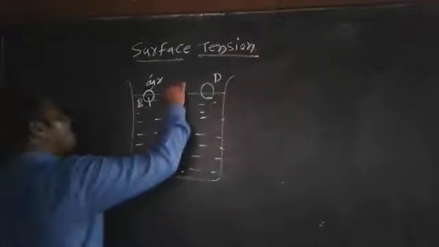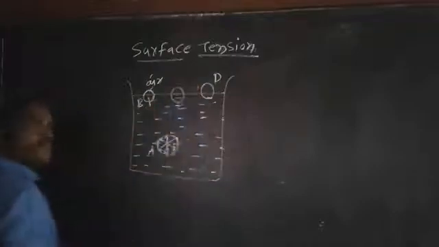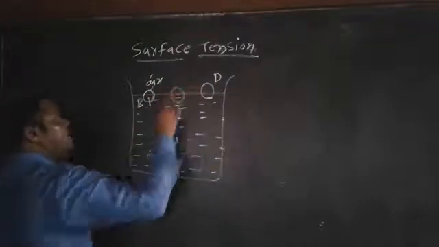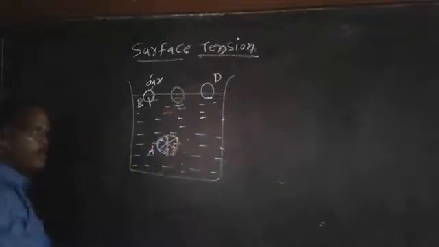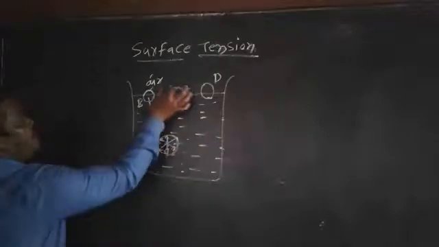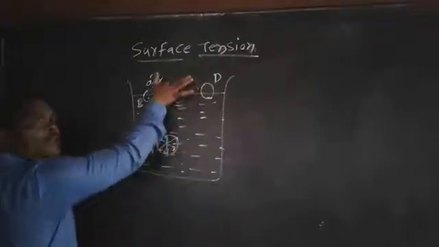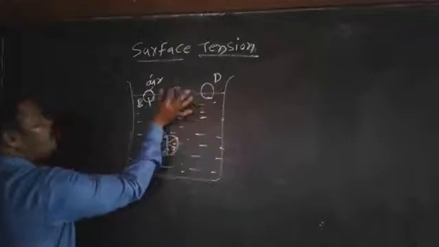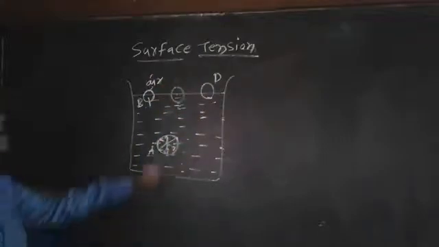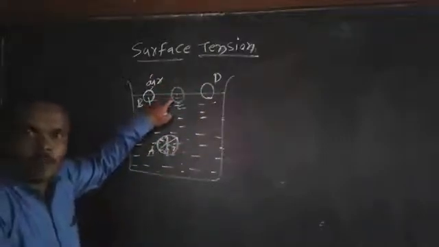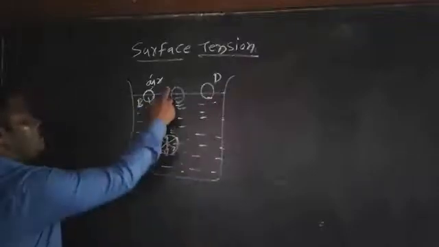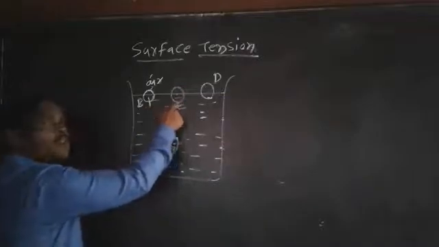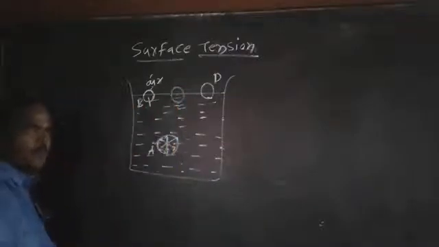Now consider the molecule C. It is on the liquid surface. Half of its sphere of influence is outside the liquid and half is inside the liquid. Again, for molecule C, the resultant downward force will be maximum.